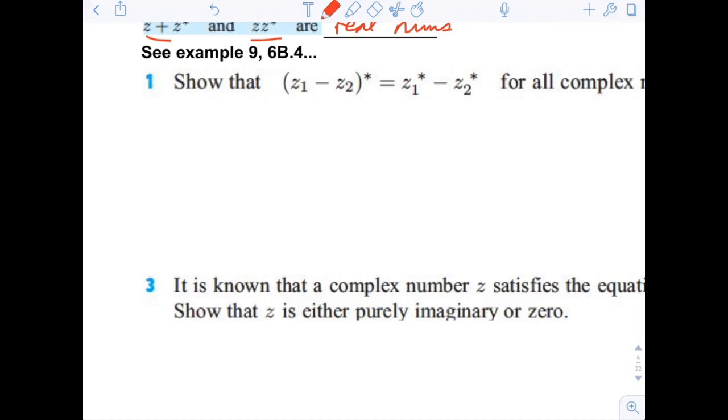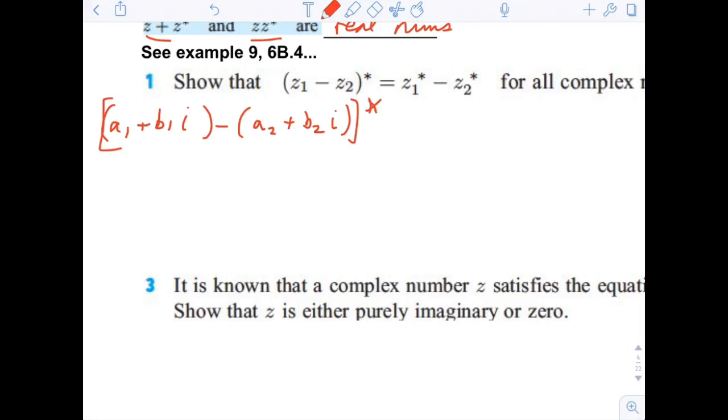So for z1, let's call it a1 plus b1i. And then we'll subtract a2 plus b2i, which will be z2. And then we'll take the conjugate of the whole thing.